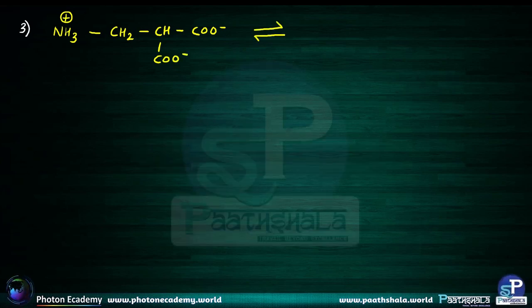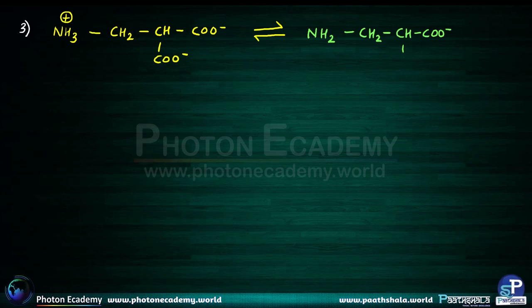Thus in the next step this NH3 will also lose its H positive and convert into NH2, and we get this particular structure. Here also an H positive is taken out, and the dissociation constant is called Ka3, the third dissociation constant.